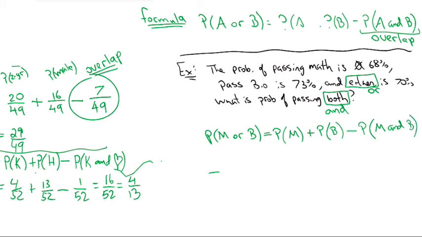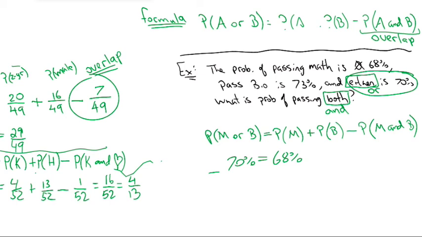Okay. Underneath it, you put in the numbers that you know. Do I know math or biology? Yeah, what is it? 70%. So this becomes 70%. Math is 68%. Hold on, what are you doing?